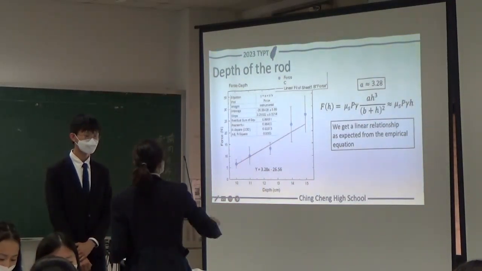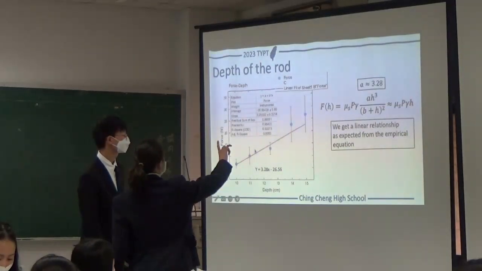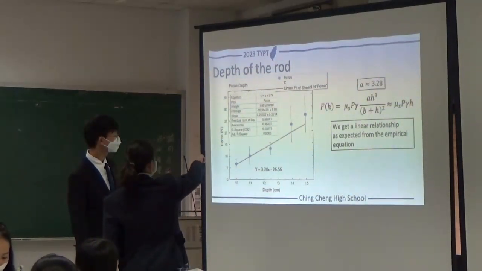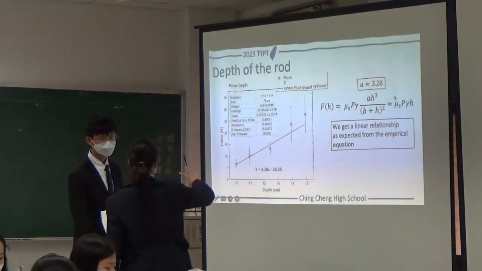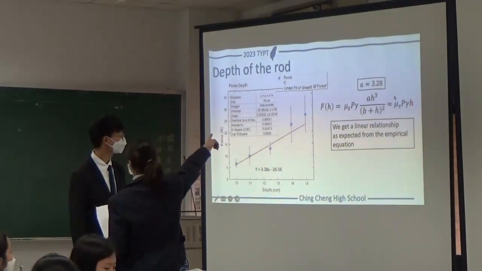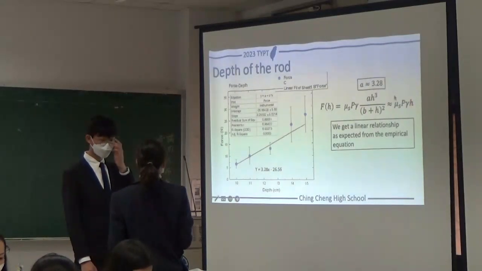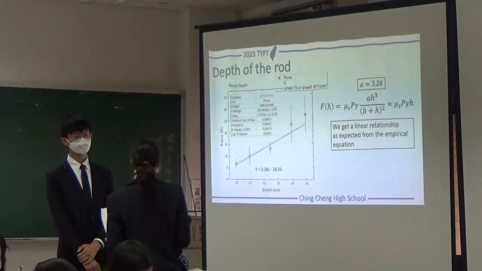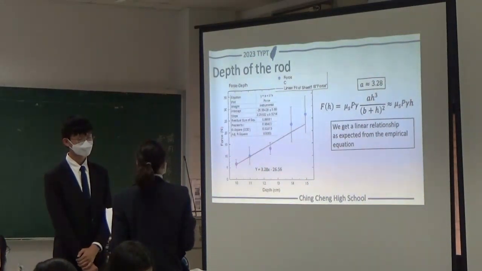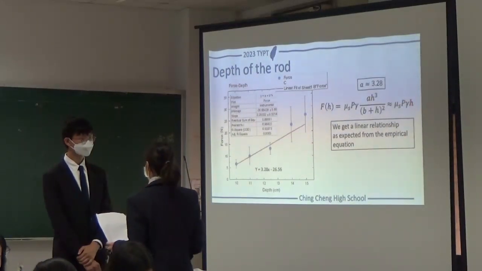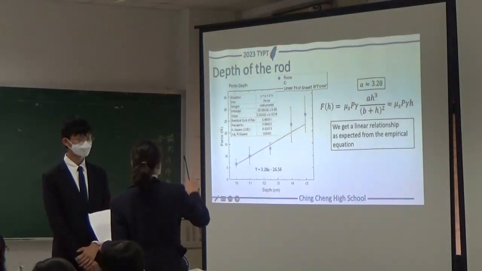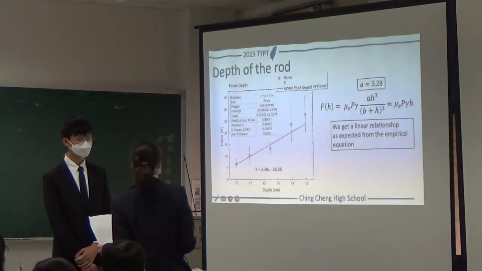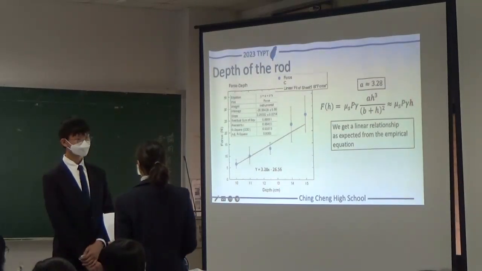It's okay. So here I want to ask, why did you choose this linear line instead of just choosing the maximum friction, the maximum point? Because the main thing you are discussing is the maximum friction the rod can afford. Why not just the maximum point or the average point?